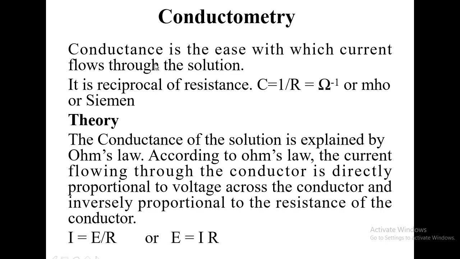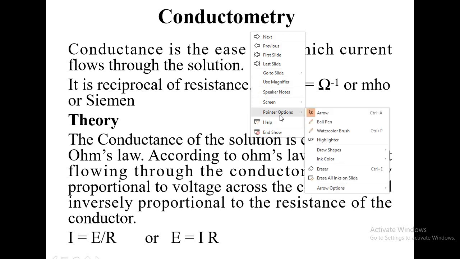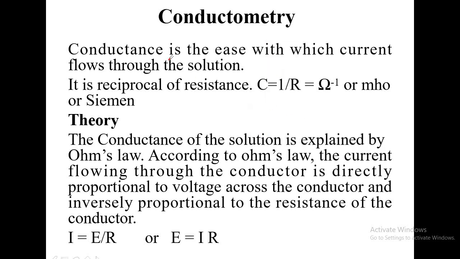Now what is conductance? In lower classes you have studied conductance is nothing but the ability of the solution to allow electricity to pass through it. Conductance is also the ease with which the current flows through the solution.